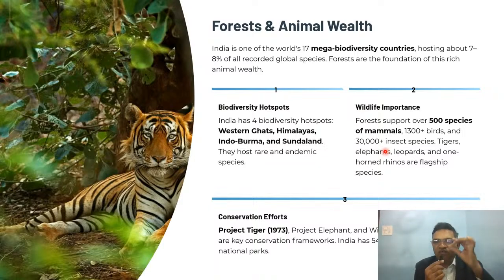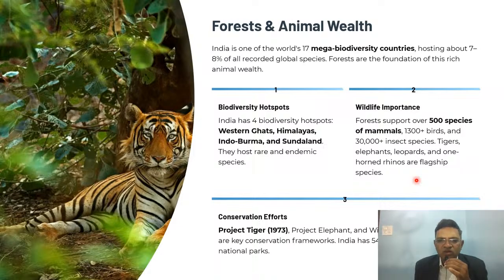Then wildlife importance. So forests support over 500 species of mammals, 1300 plus birds, and 30,000 insect species. Tigers, elephants, leopards, and the one-horned rhino are flagship species.